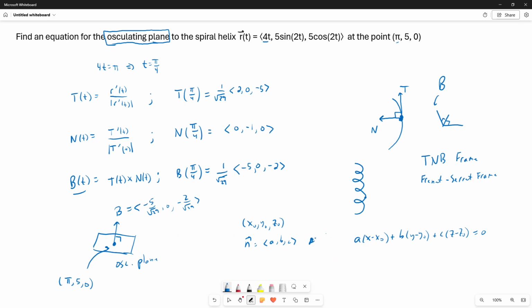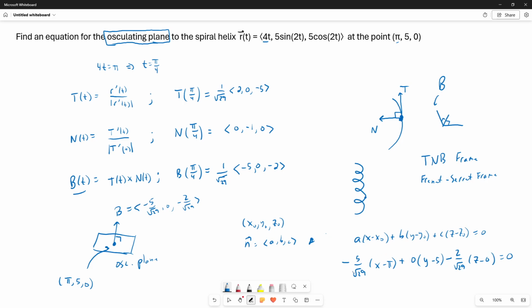And so in our case, that would be negative 5 over root 29 times (x minus pi) plus 0 times (y minus 5) plus negative 2 over the square root of 29. So I should really just make that a minus. Minus 2 over the square root of 29 times (z minus 0). And that's equal to 0.